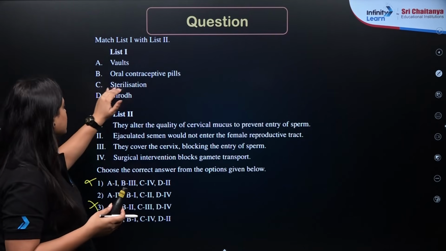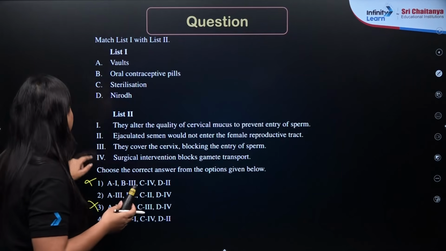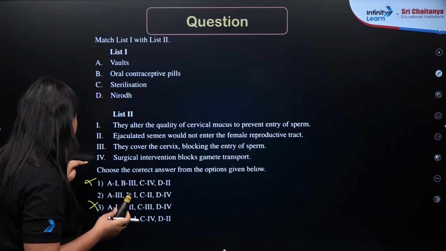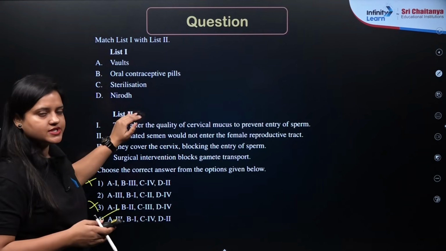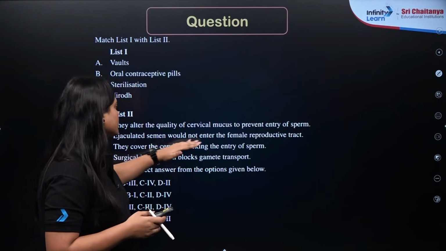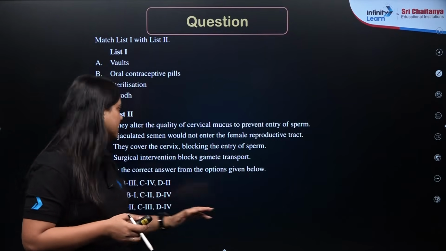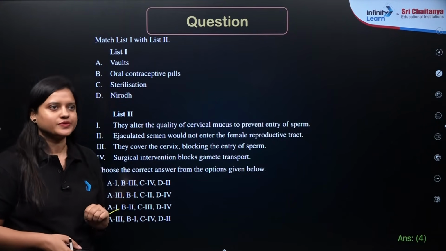Now coming to C, sterilization is the surgical intervention that blocks gamete transport. So C is matched with 4, right? So we got our answer. And D, Nirodh, which is the brand name of condom. So it will be matched with ejaculated semen would not enter the female reproductive tract. That means 2. So correct answer for this question will be 4.